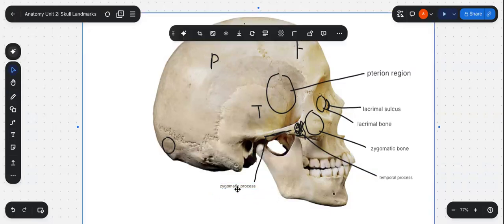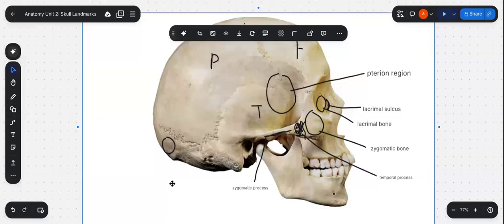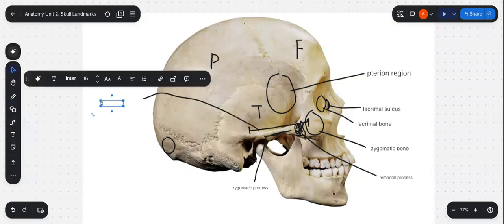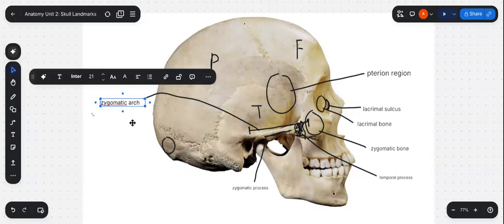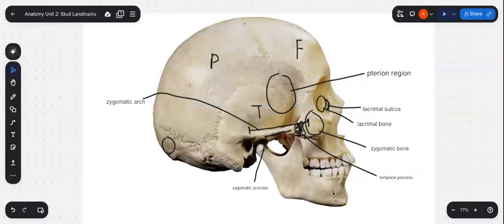Your zygomatic arch is pretty much this whole region, which includes your zygomatic bone, your temporal process, and your zygomatic process. So I'm just going to put a bracket over here. This whole region is known as your zygomatic arch because all of those bones collectively work together to create the arch.